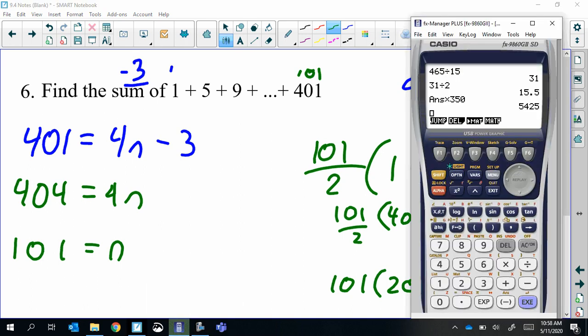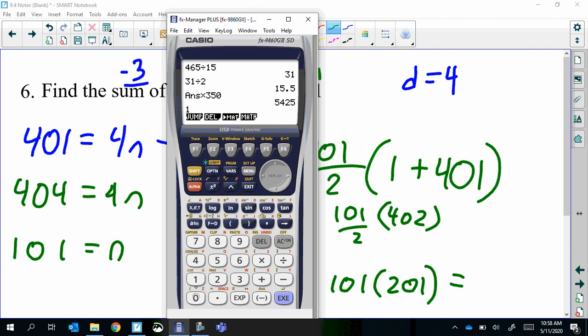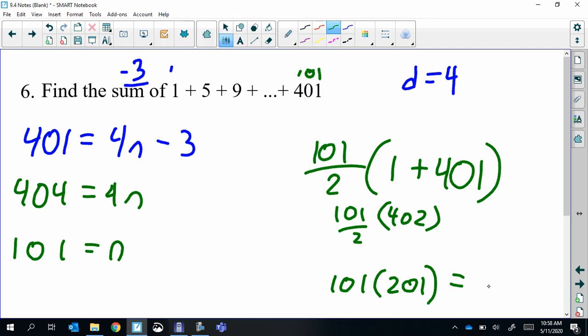Mathematically, it works out the same way. So that's 101 times 201. It's 20301. And that's our sum.